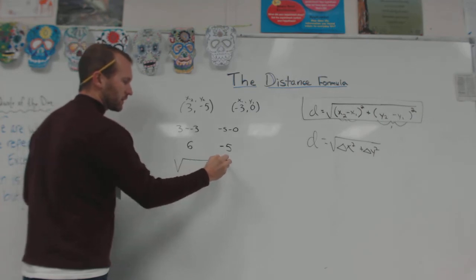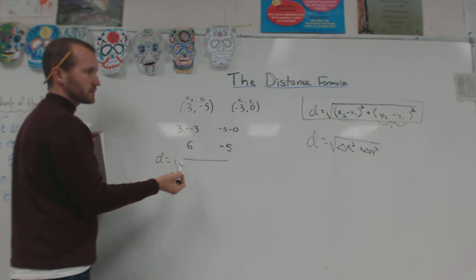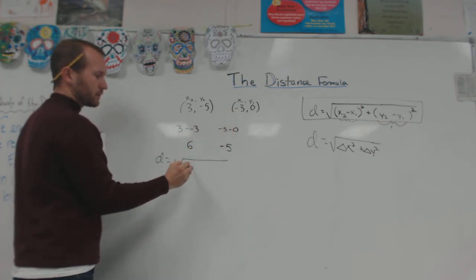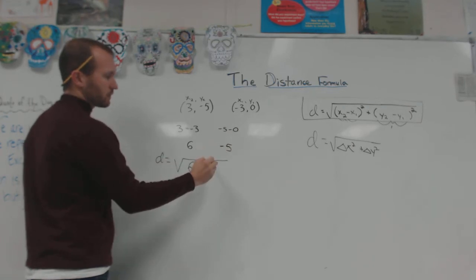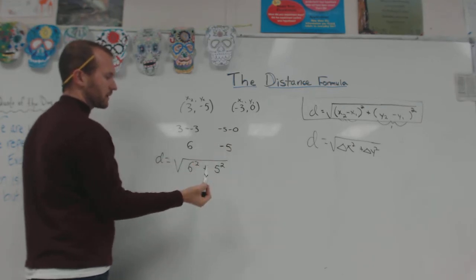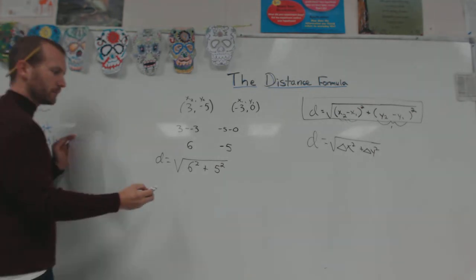Let's plug these into our formula. Distance equals the square root of x2 minus x1, which is 6 squared, plus y2 minus y1, I'm just going to say 5 squared, because I know that the negative's going away. I'm squaring it.